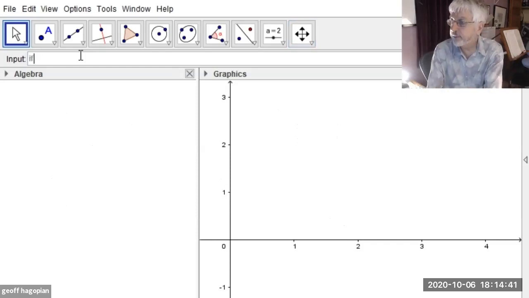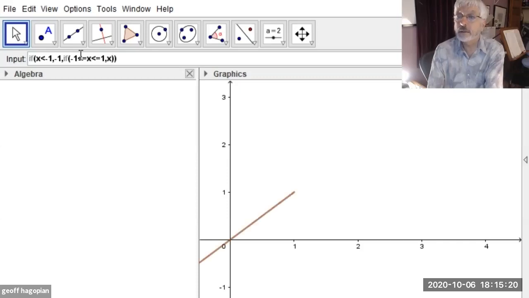So we're going to say if x is less than -1, then the output is -1. Otherwise, if x is between -1 and 1, that is, -1 less than or equal to x, which is less than or equal to 1, then we're going to use x.